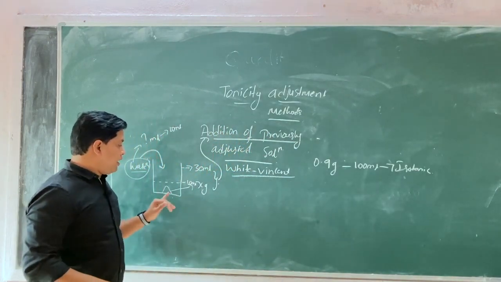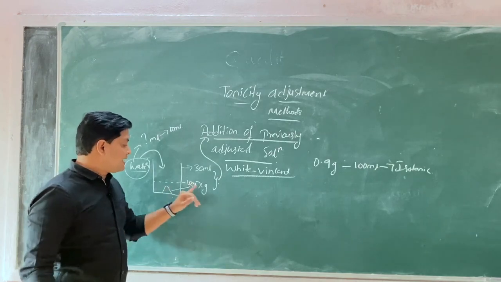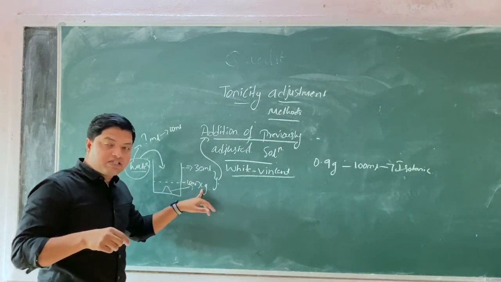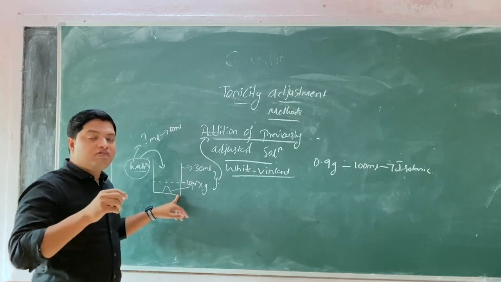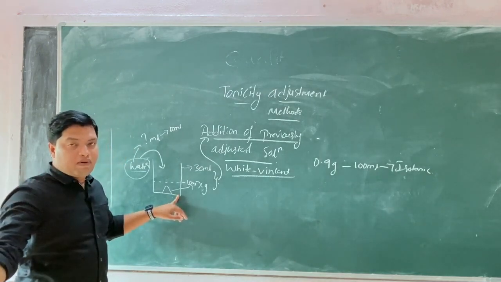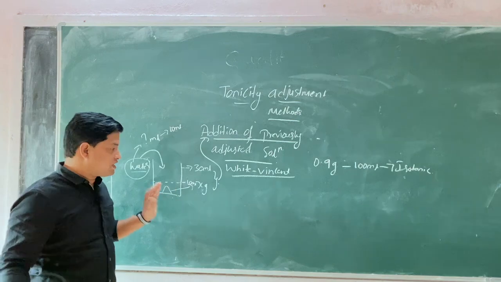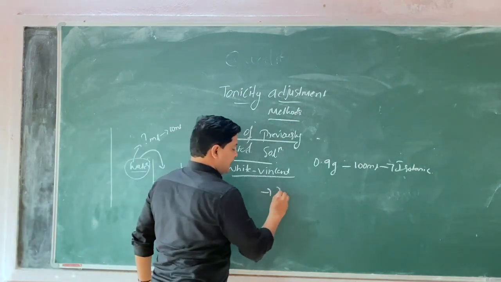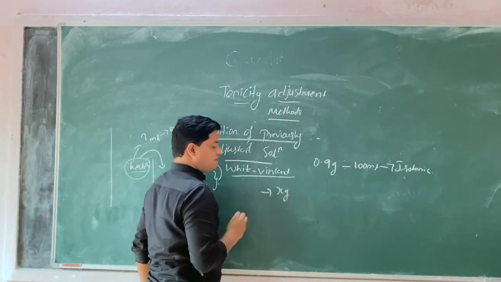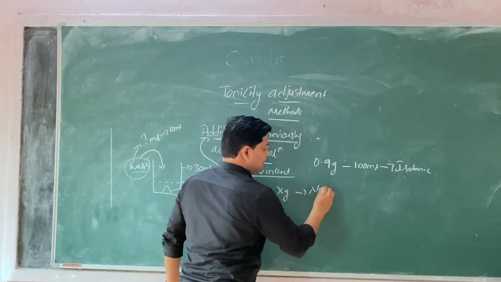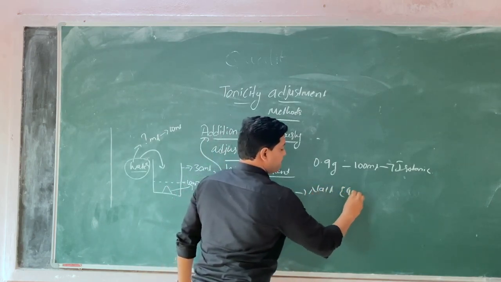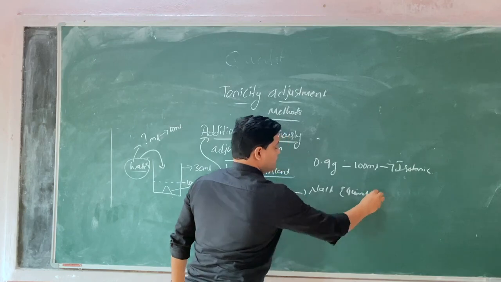Now I need to calculate this X amount of drug, which is equal to some equivalent of NaCl. We need to convert. The first step is to convert your X grams of drug into NaCl equivalent.